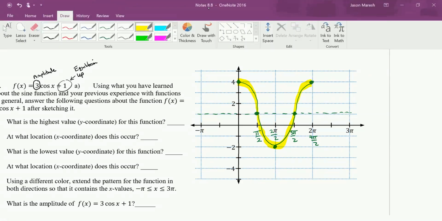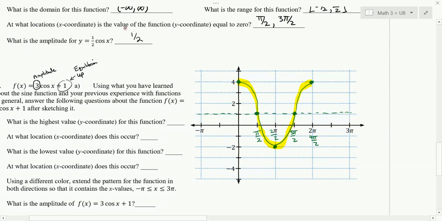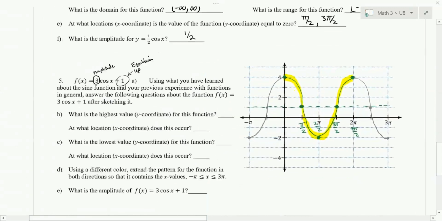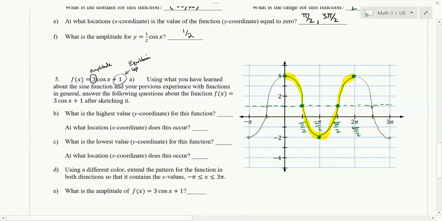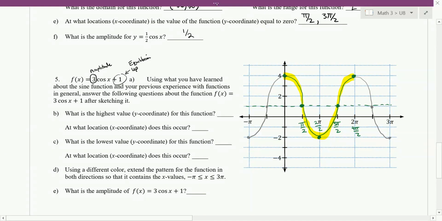If you extend this, right, it continues with this kind of up and down pattern here. Okay. So what's the highest value for the y-coordinate? 4.